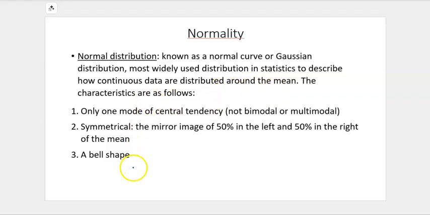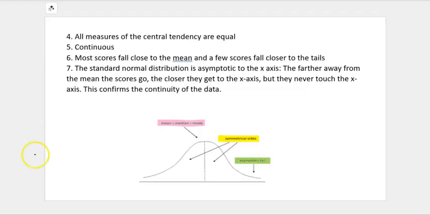The characteristics are as follows. Only one mode of the central tendency, so there is only one, which is like the mean score. And then symmetrical: there is a mirror image, 50% on the left and 50% on the right of the shape. And then all measures of central tendency are equal.